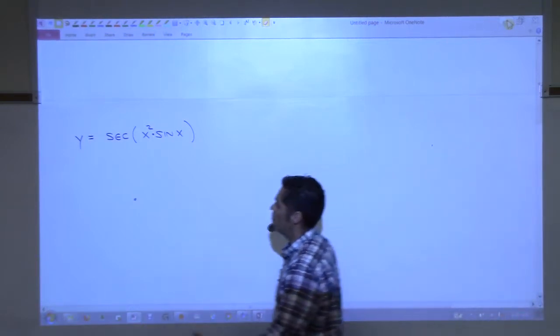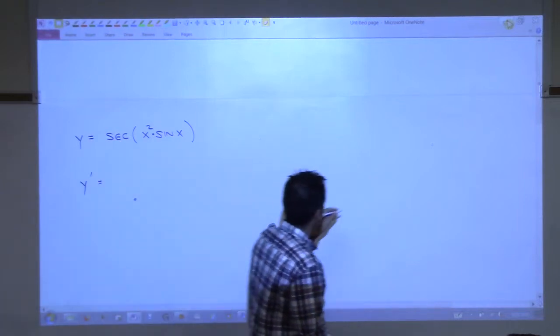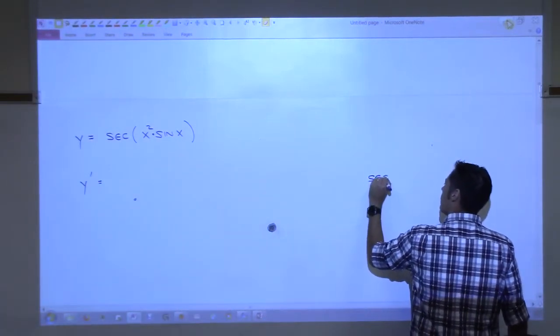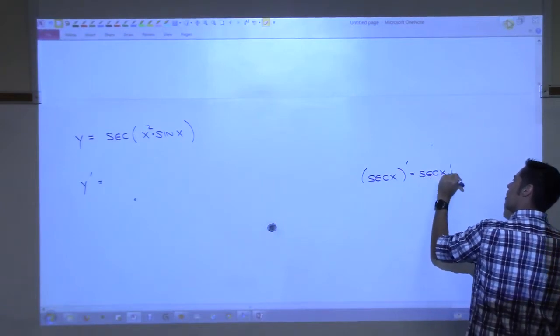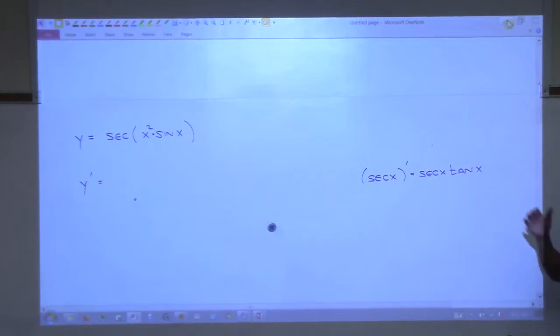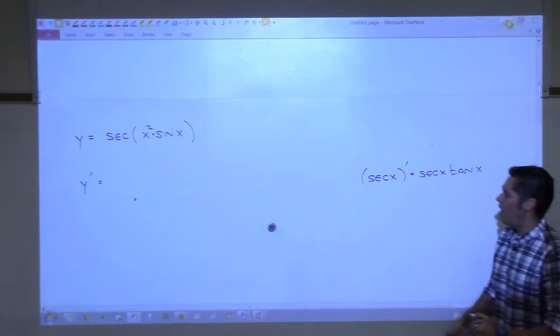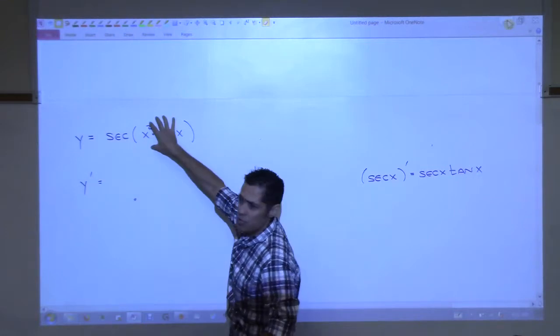Okay, so let's try that. What is the derivative? Just as a reminder, what's the derivative of secant x? Secant x tangent x, right? And if you haven't memorized that, it's on your formula sheet, right? So this is what I'm going to use. The important thing, though, is that I don't have x, right? I have secant of all of that junk right there.